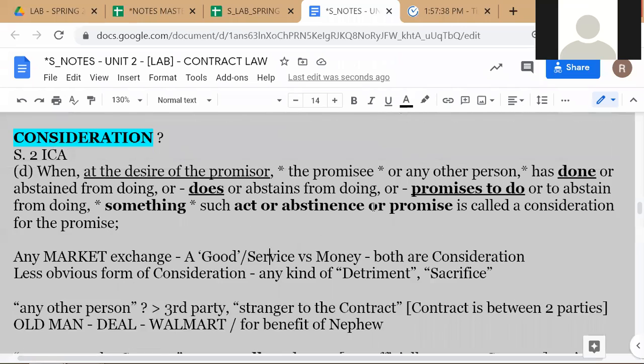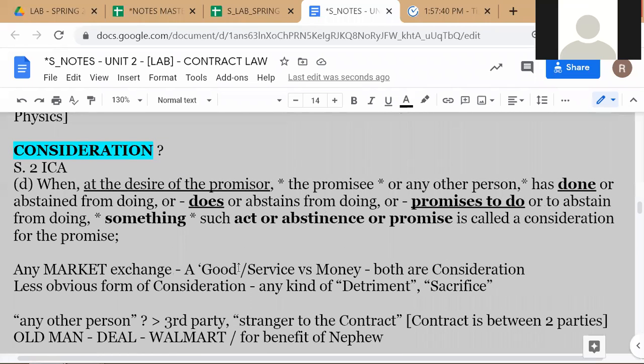And so here both are consideration. If I go and buy 100 kilos of potatoes from the Gazipur market, the consideration flowing from me to the potato seller is the money for the transaction, the total amount. And the consideration flowing from the potato seller to me is those 100 kilos of potatoes. He has to promise to deliver those potatoes to me, and in return, I promise to pay him, or actually pay him, the amount of money that he requires.